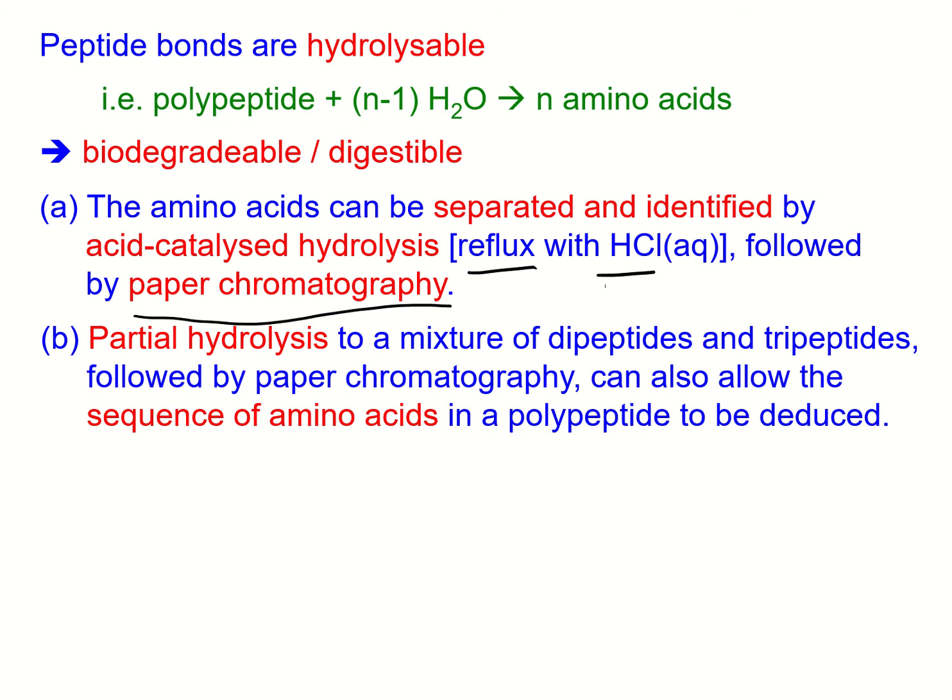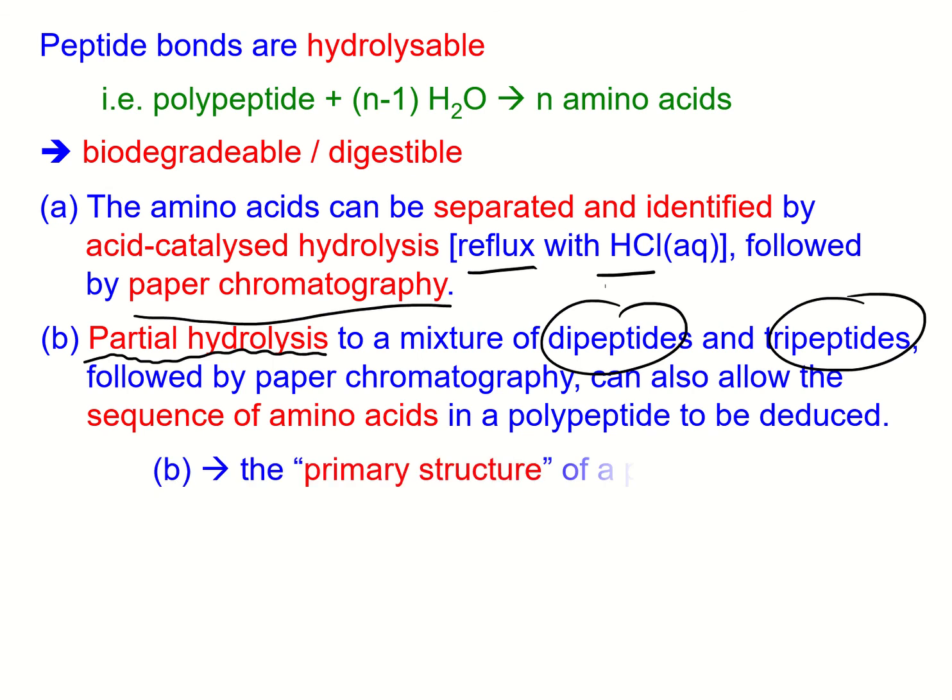Okay, so we can either break that protein up completely and identify the individual amino acids, or we can carry out partial hydrolysis and work out the dipeptides and the sort of tripeptides that are sequencing together to make particular amino acids. Okay, and that will allow us to work out what's called the primary structure of the polypeptide.